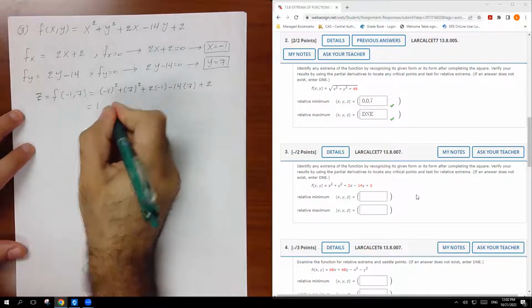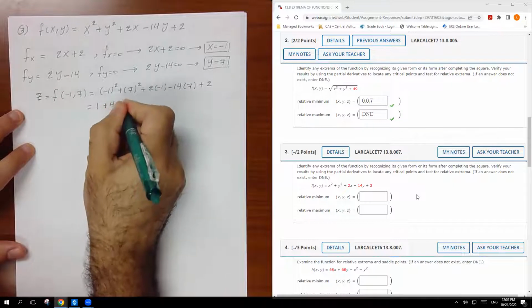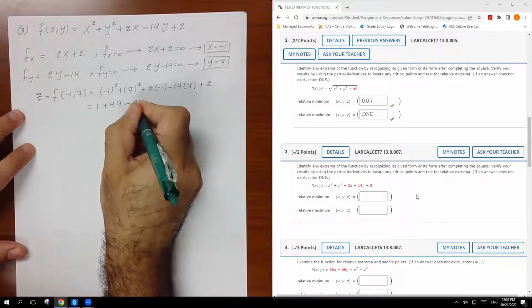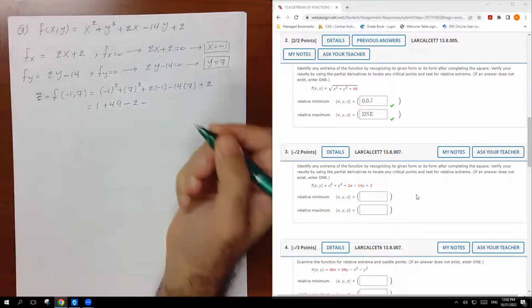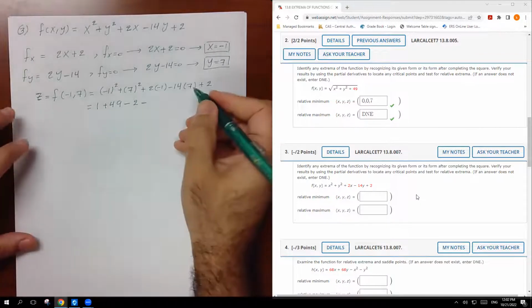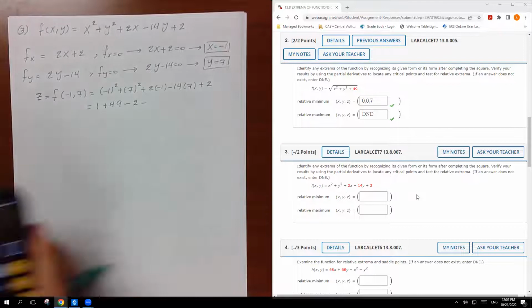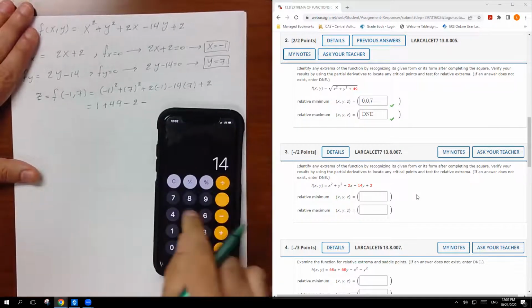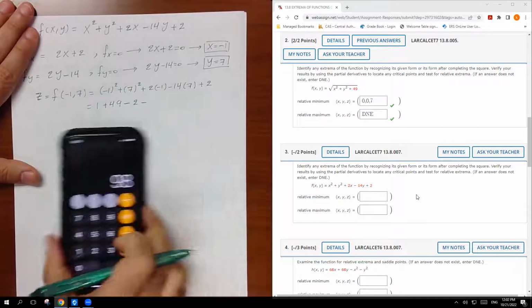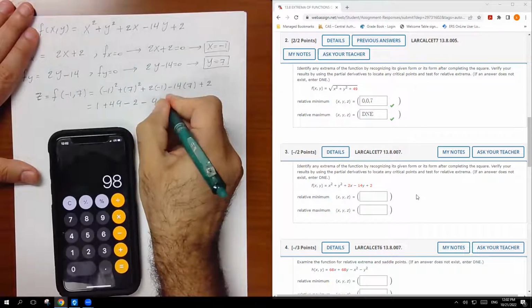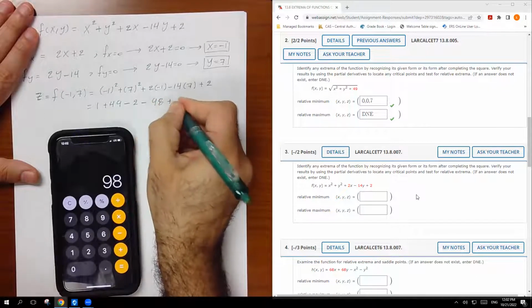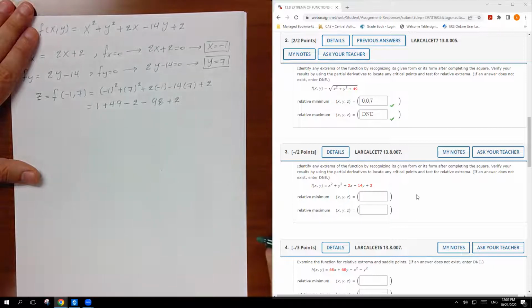This one is going to be 1 plus 49 minus 2 minus 14 times 7. So 14 times 7 is going to be 98, plus 2.